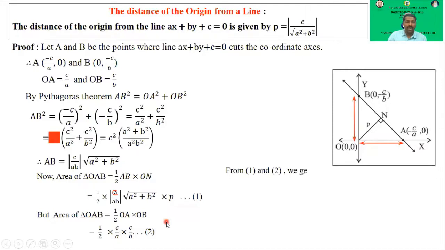So from 1 and 2, the triangle is the same, but we have calculated the area in two different ways. Therefore, half mod of c root a square plus b square upon ab into p equals half c upon a into c upon b, which is c square upon 2ab. Here we cancel 2 from both sides, and ab from both sides.